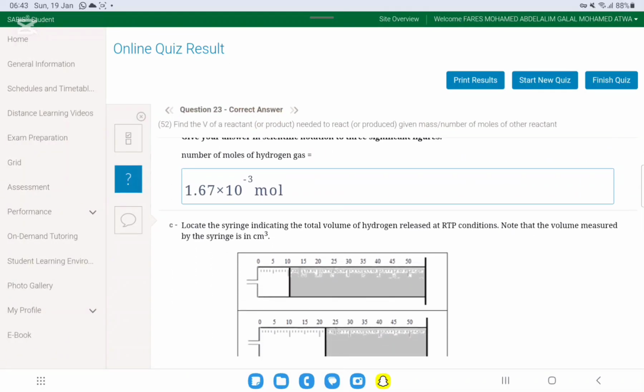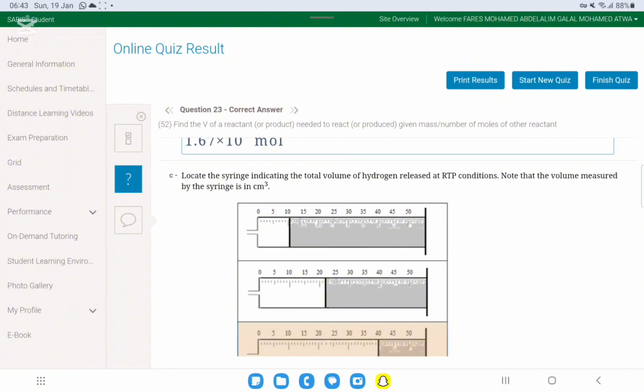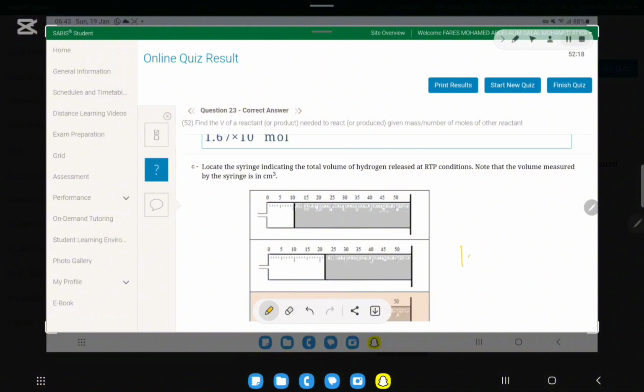Locate the syringe indicating the total volume of hydrogen released at RTP conditions. Note that the volume is measured in centimeters cubed. We said we have 1.67 times 10 to the power of minus 3 moles of hydrogen gas. And V gas is equal to n times Vm.